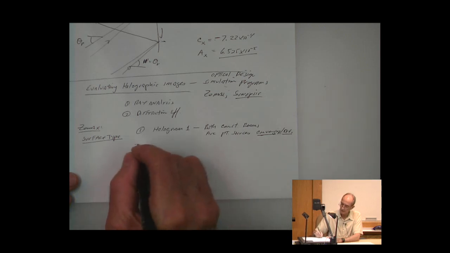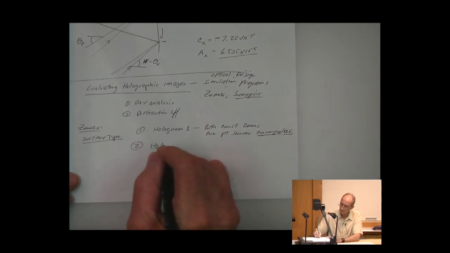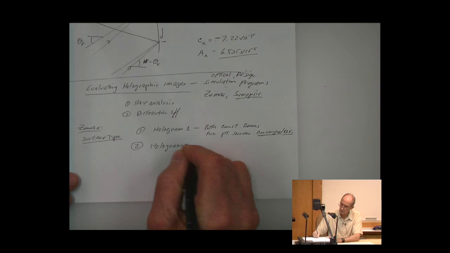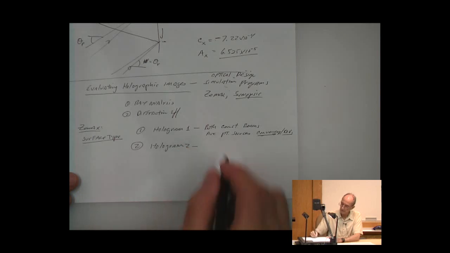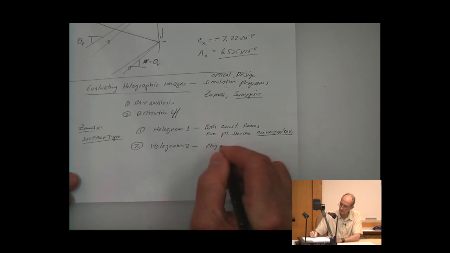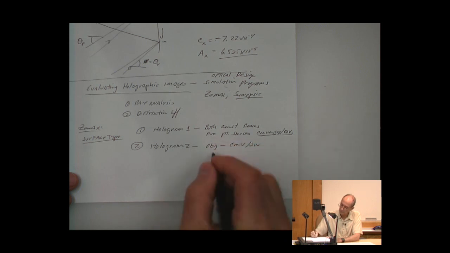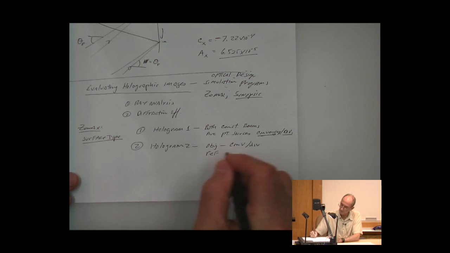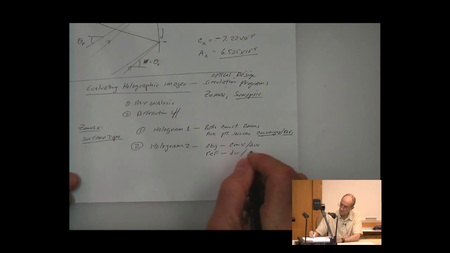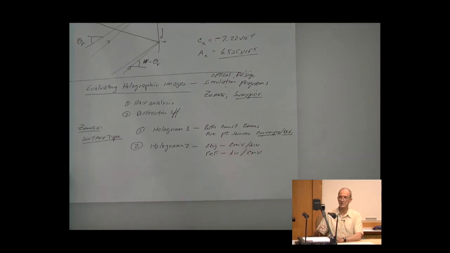Then there's hologram 2. If you wanted to use that, that would be the case where one beam, say the object beam, is converging or diverging, and the reference beam is diverging or converging. So one is one form and the other is the other form of the shape of the phase front.